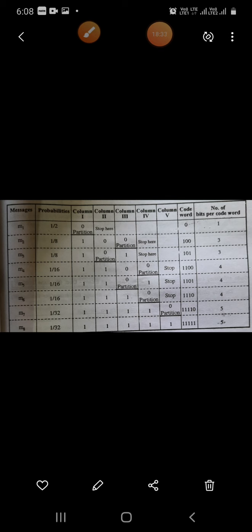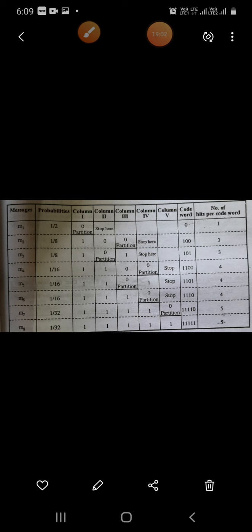This is because the probability of M1 is half and the sum of probability of M2 to M8 is also half. Now, as per the discussion, assign bit 0 to message M1 and bit 1 to all other messages, M2 to M8, in column 1.